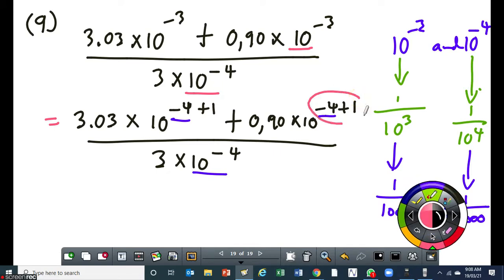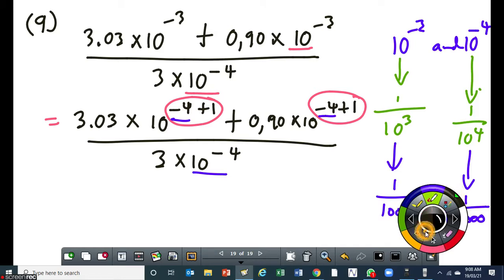By doing this, I'm creating the common vector. Now, I hope you understand that part. Okay? Right, then from there now, I can split that up and write this as, before I take out the common vector, 3,03 times 10 to the power of minus 4 times 10 to the power of 1.